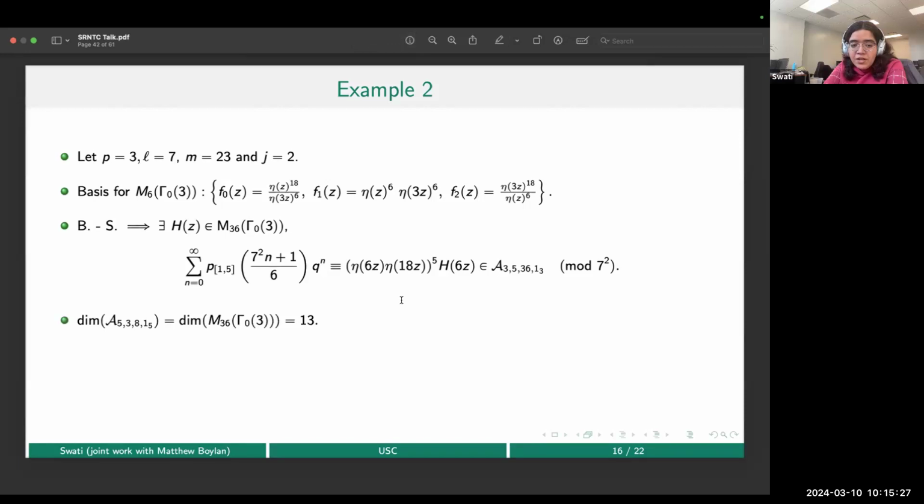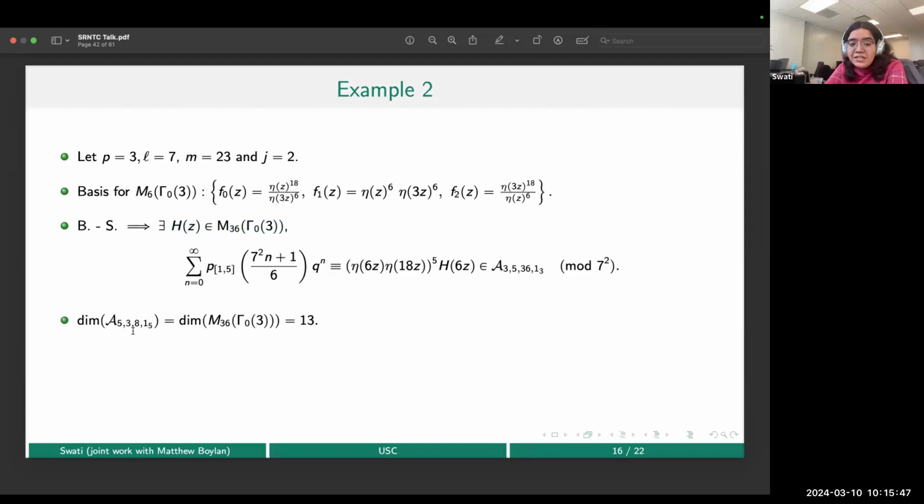Now, the dimension of this space, as I mentioned before, is the same as the dimension of modular forms of this, where this HZ lands up. So modular forms of weight 36 and level 3, which is 13.